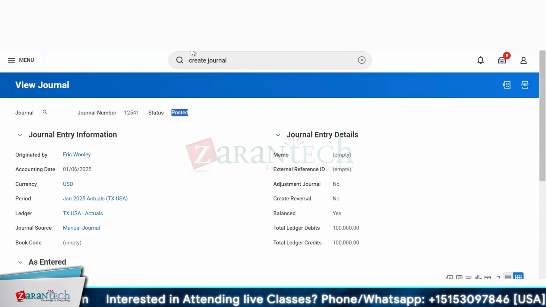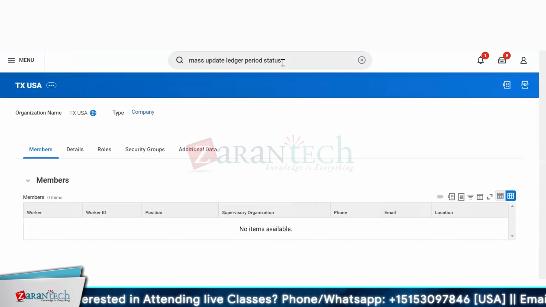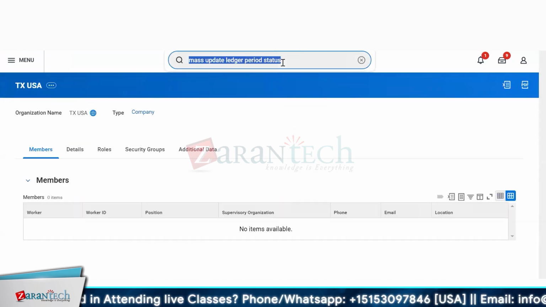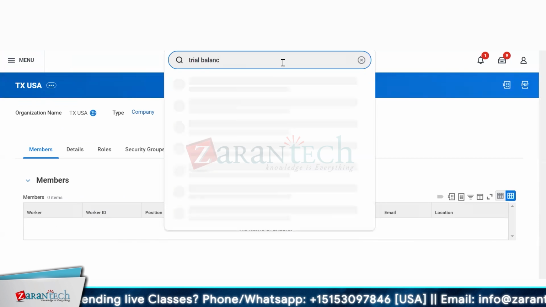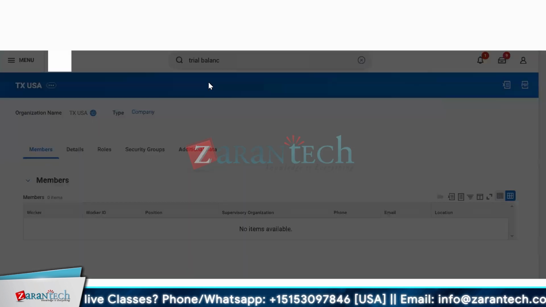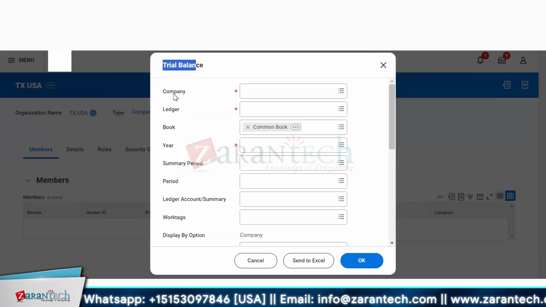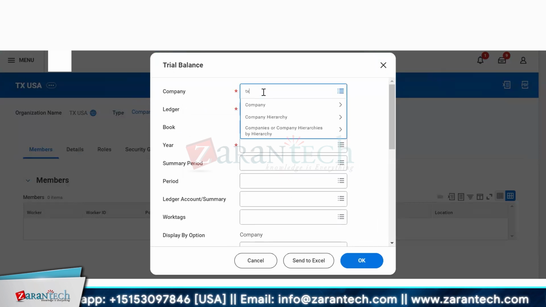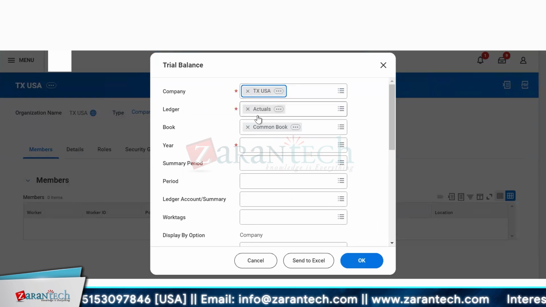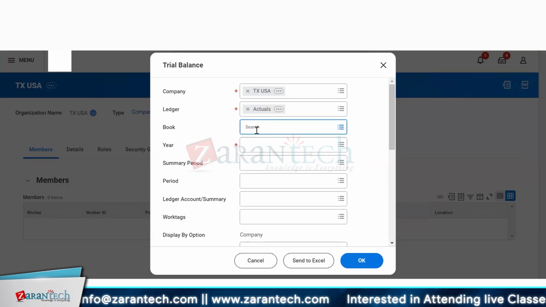Now, if I go back and run one report that is called trial balance, this is a system default report. So if I click on trial balance, here are its prompts or parameters. For this report, I am going to select my company that is TX USA. Ledger automatically comes up because we already linked this ledger with my company. Book, that is common book, I'm removing because I haven't configured this book yet.